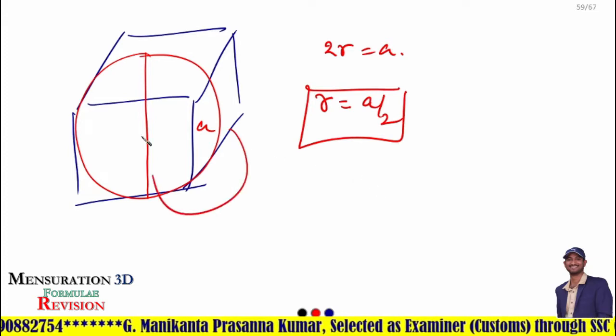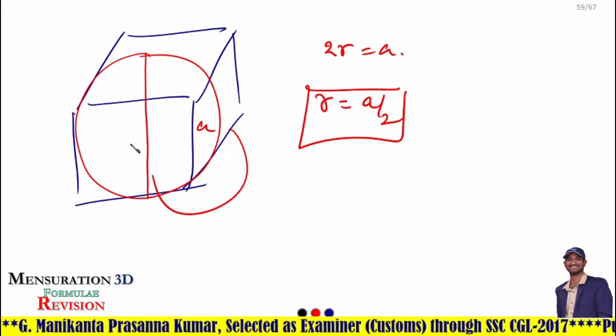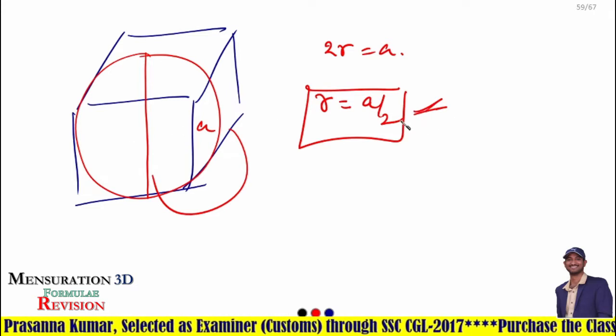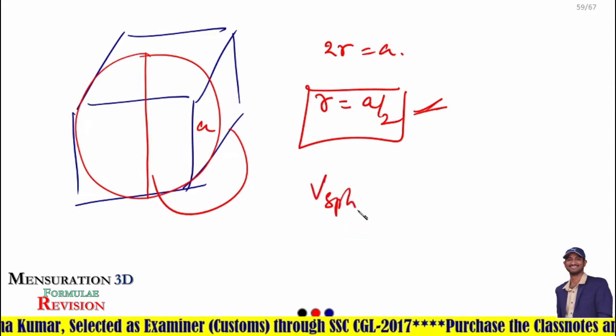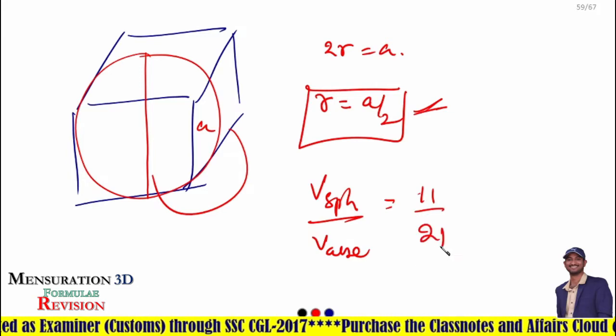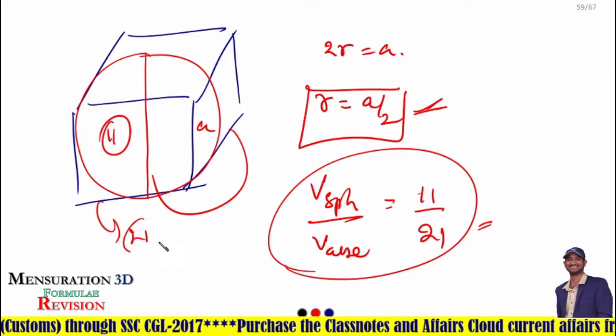When a cube is inscribed in a sphere, then the radius of the sphere is root 3 by 2 into a. But when a sphere is inscribed in a cube, then the radius is a by 2. And the maximum ratio of volume of the sphere to volume of the cube is 11 by 21. Sphere is 11 parts and cube is 21 parts.